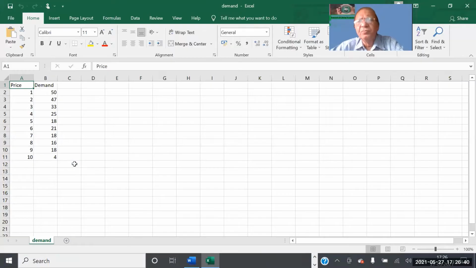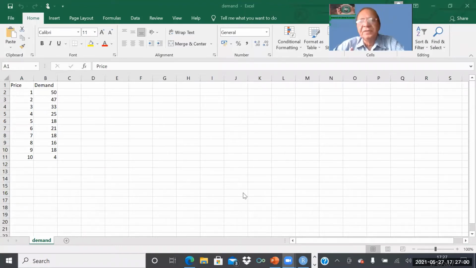I have just made a small survey, a survey of pens. If the price of the pen is 1 rupee, the dealer can sell 50 pens.